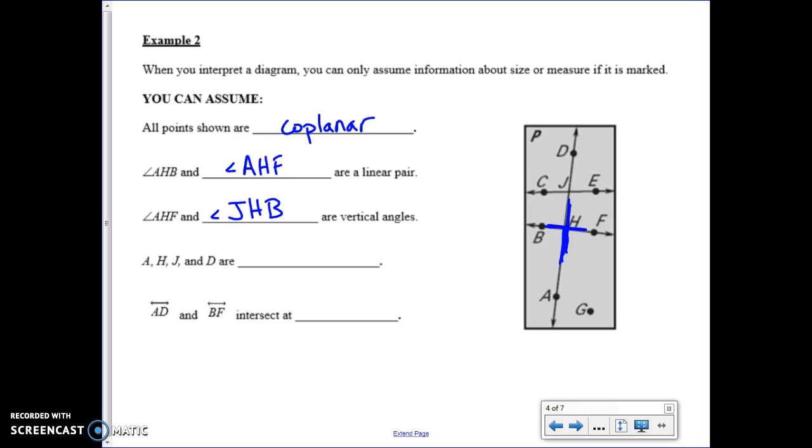We can also assume that A, H, J, and D are collinear. They all lie on that same line. We can also assume that AD and BF intersect at point H. And remember, you can write out the words point H, or just that capital letter H represents point H.